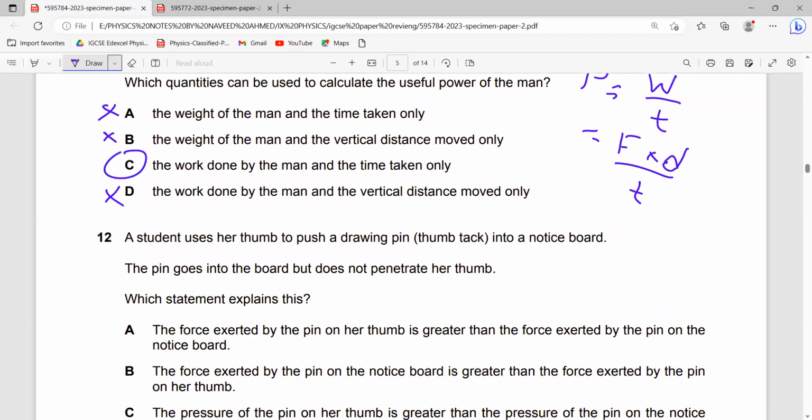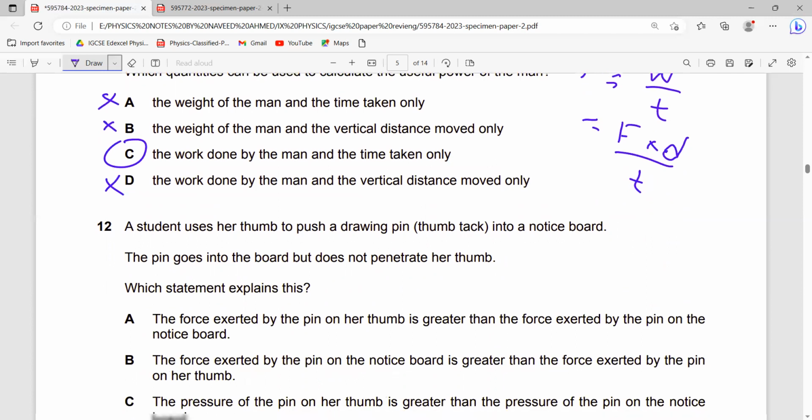A student uses her thumb to push a drawing pin into a notice board. The pin goes into the board but does not penetrate her thumb. Which statement explains this?